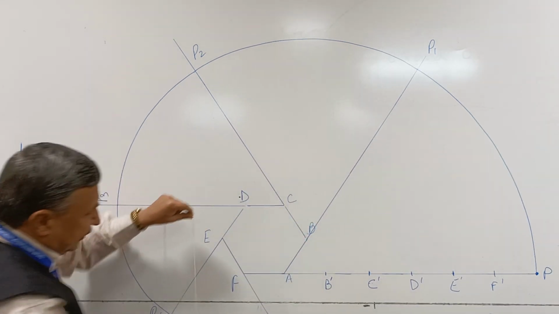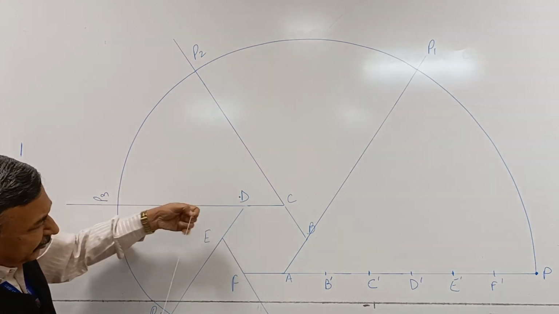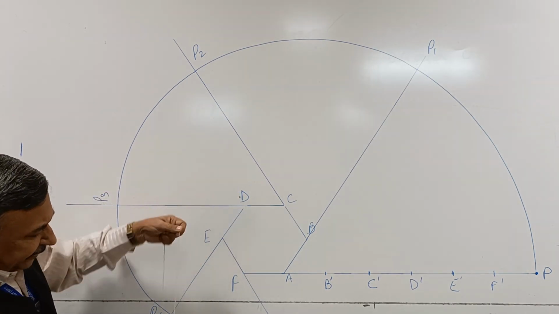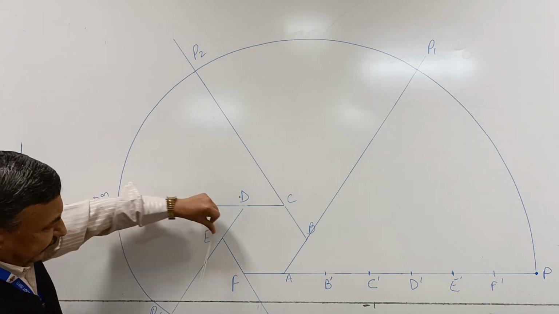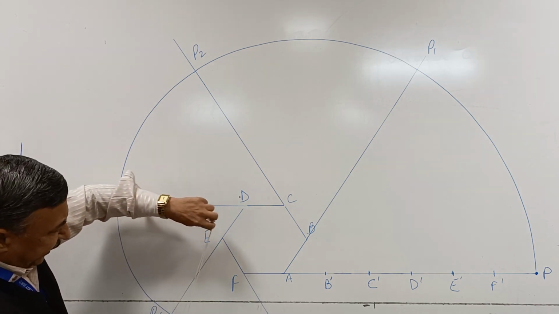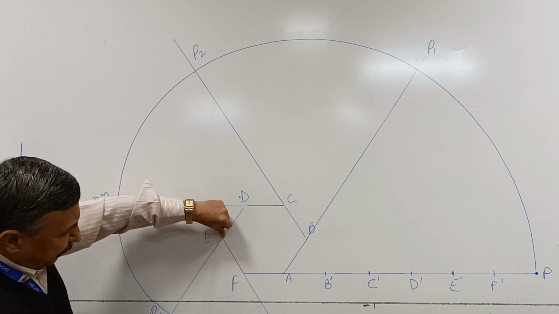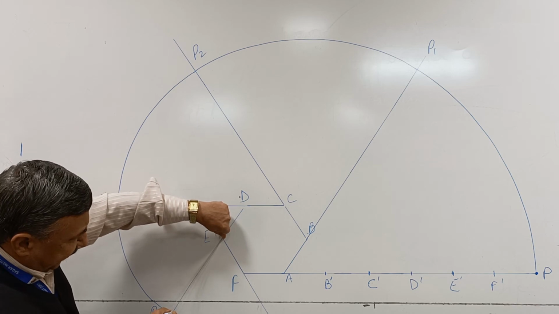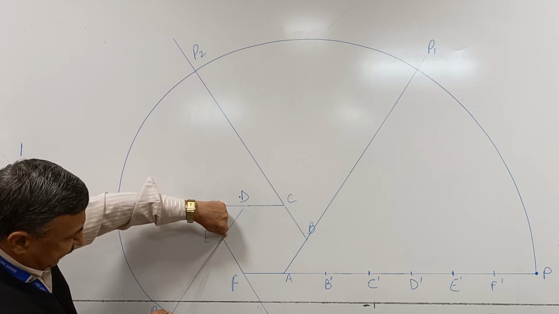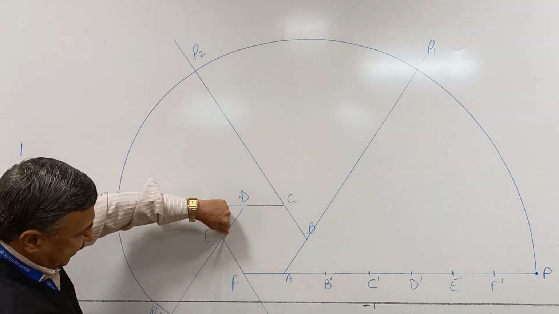Now shift center from D to E, and radius is E P4, and construct this arc.